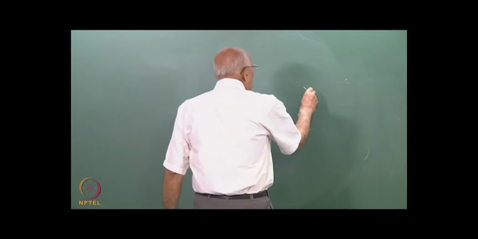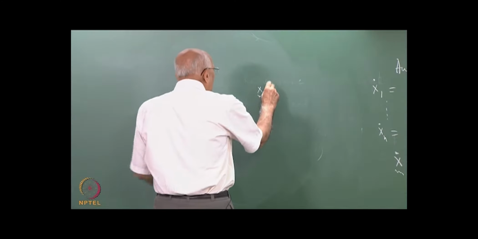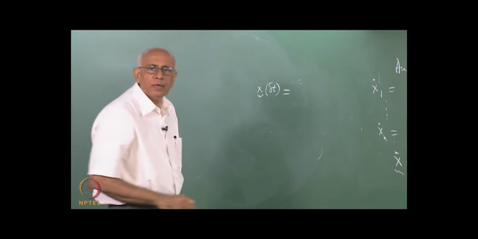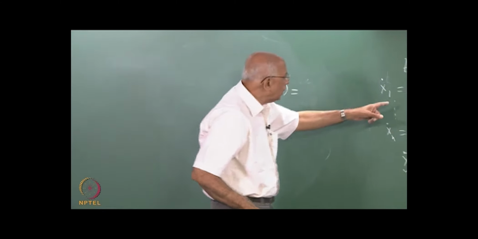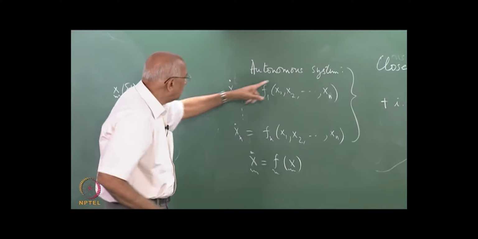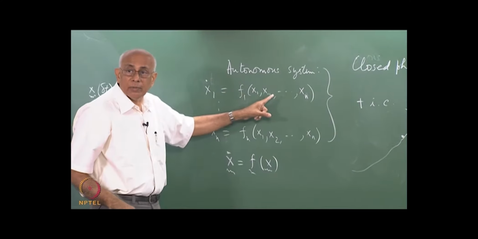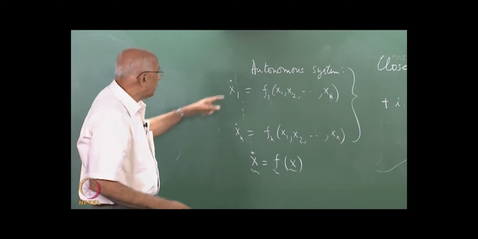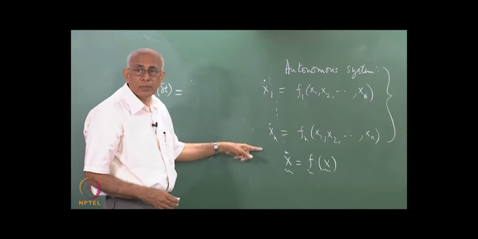If I tell you x at time 0, I can tell you what x is at time delta t. That is straightforward, because all I have to do is to use the value of whatever these functions are at the initial instant of time and multiply by delta t, because remember these are first order differential equations here.